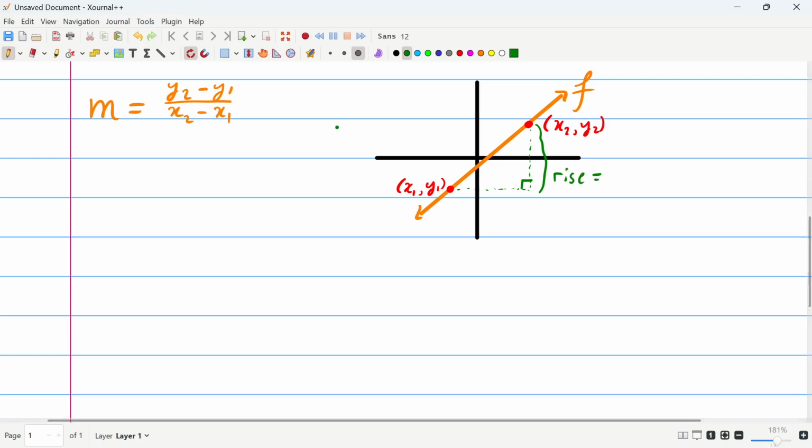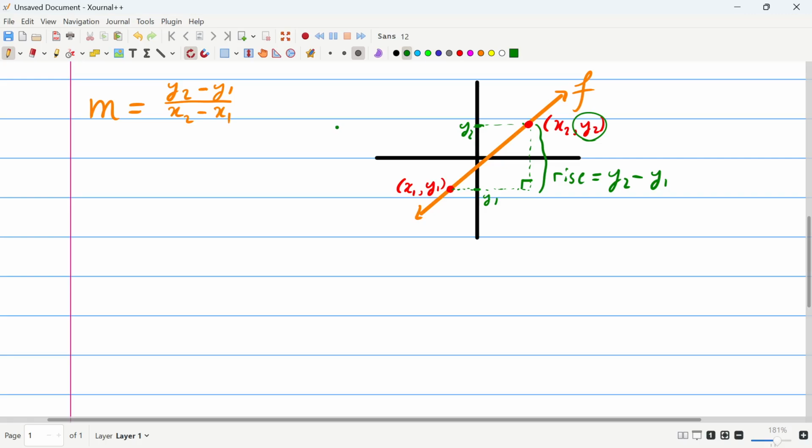And then notice that this rise has a distance or a height of y2 minus y1. Notice that it has a vertical distance where the unit over here is y2, and the unit over here is y1, and then the height between that is just going to be the difference between them, okay?